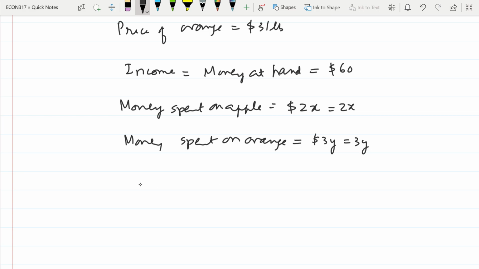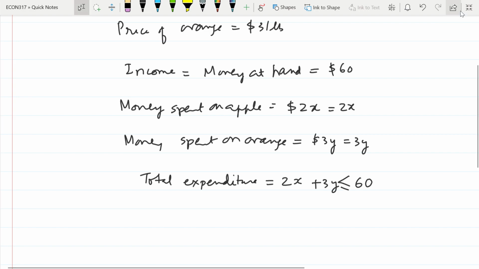And then we know the budget set, we have $60 at hand, so the total expenditure turns out to be 2X plus 3Y, where we have bought X pounds of apple, Y pounds of orange, and then this is the total expenditure. Money at hand is $60, so what we spend cannot exceed what we have in our wallet.